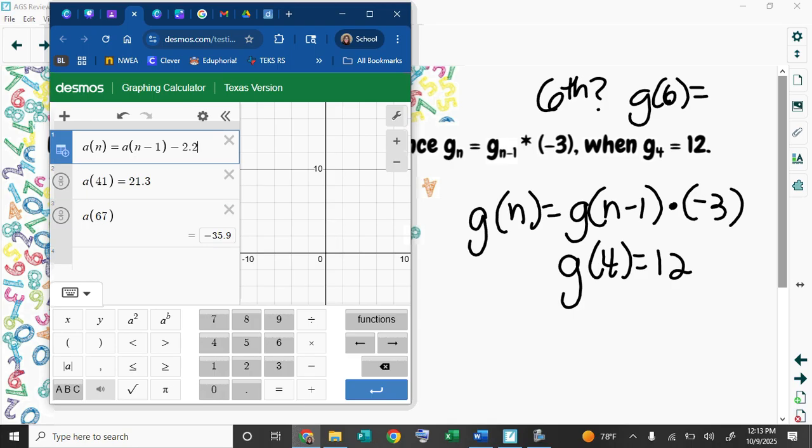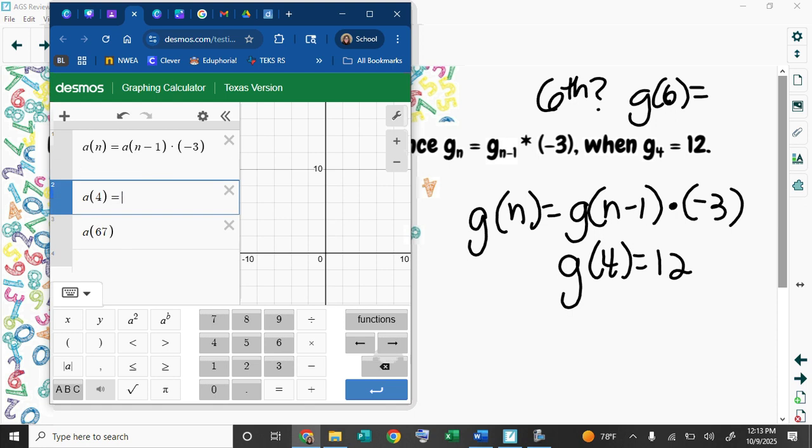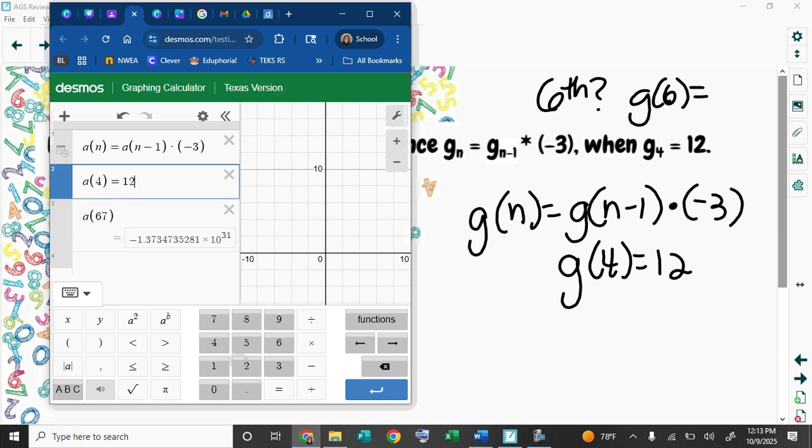I'm just going to change this to times negative 3. And then I'm going to say that I know a of 4 is 12, and I want a of just a normal 6. My answer is 108.